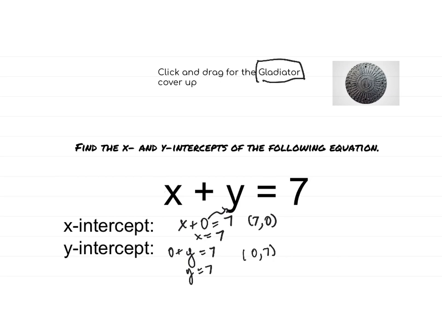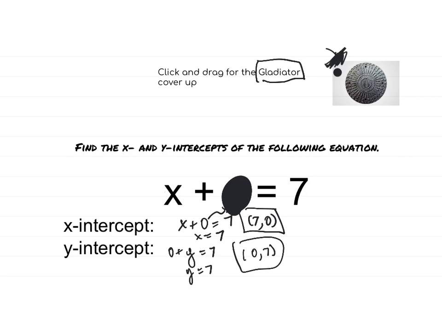And you are going to click and drag your gladiator cover-up to solve the other equations. This one was pretty simple, so we really didn't need to do all this work, and you probably could visualize this, but the trick shortcut is we can do a cover-up. If I cover up my y like so, if I drag my gladiator cover-up, it's going to tell me exactly what my x-intercept is.